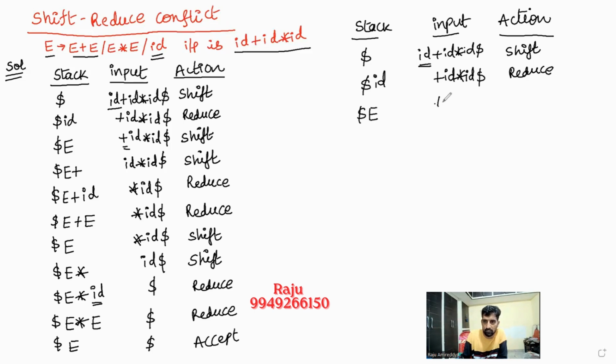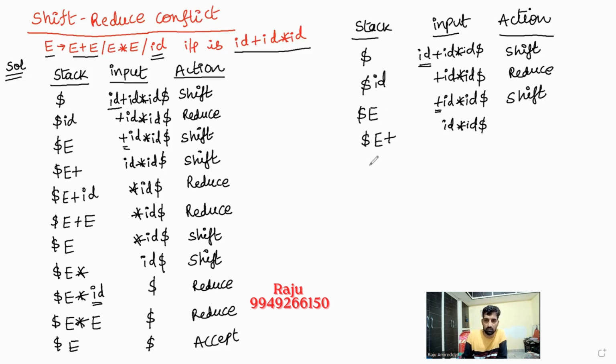Then we have plus ID star ID dollar. Again, dollar E plus. This plus will be moved onto the stack, with ID star ID dollar remaining. Whenever this plus is moved onto the stack, this is called shift.